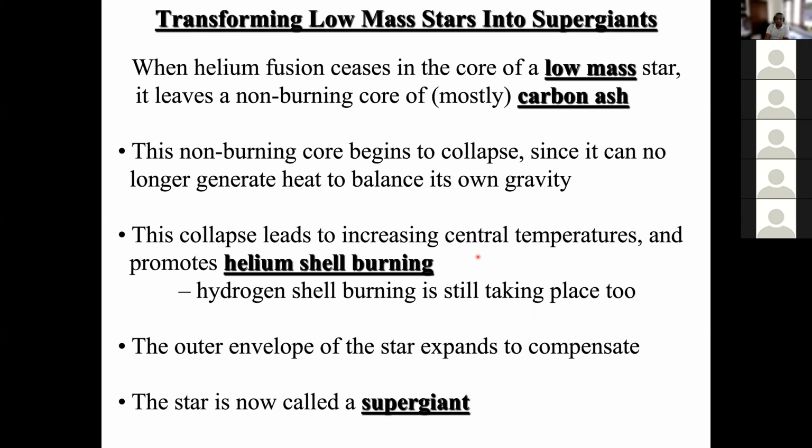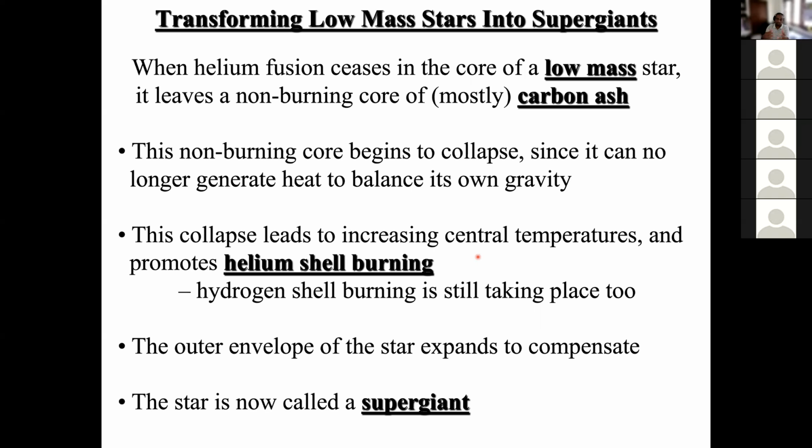Right? Now what happens is you have carbon ash right at the center, and it is not burning because you do not have enough temperature. Now what will happen is this non-burning core will begin to collapse, right? Since it can no longer generate heat to balance its own gravity, right?